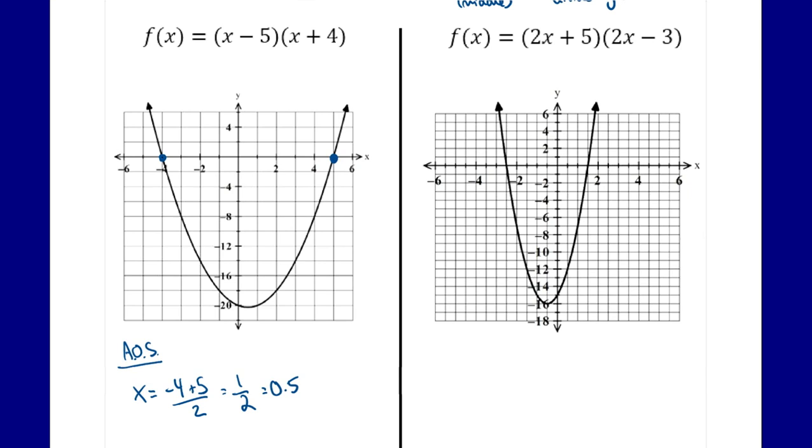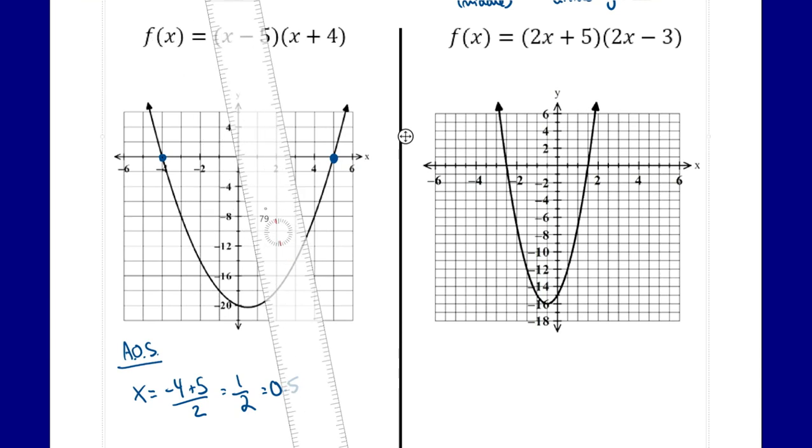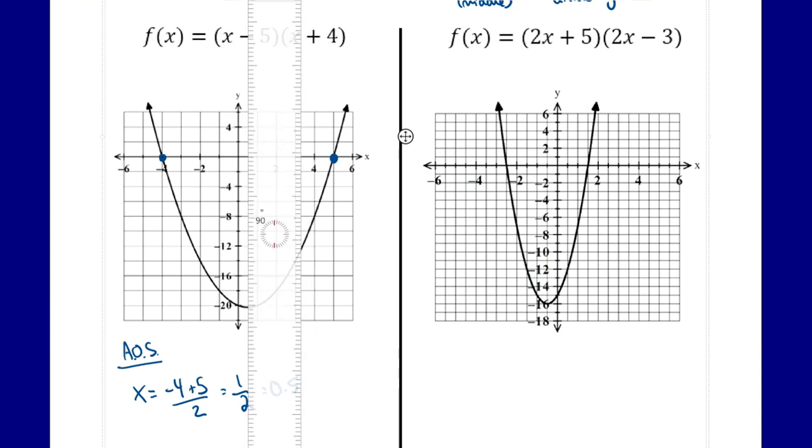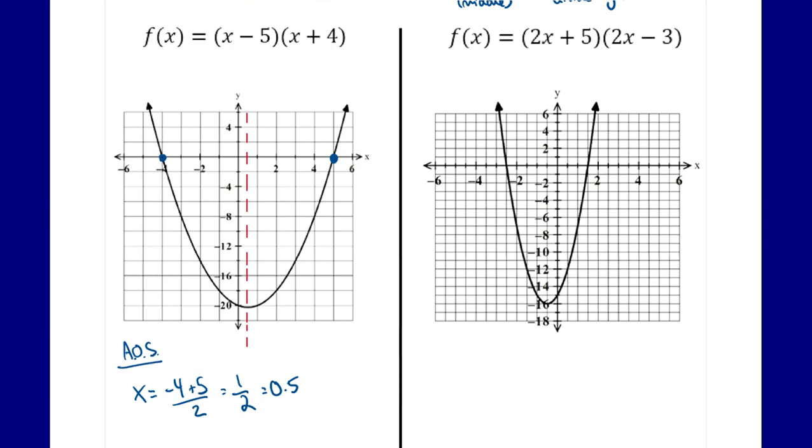So that means that we have an imaginary line going through right here. So that imaginary line cuts our parabola in half, and it's also halfway in between my two x-intercepts.